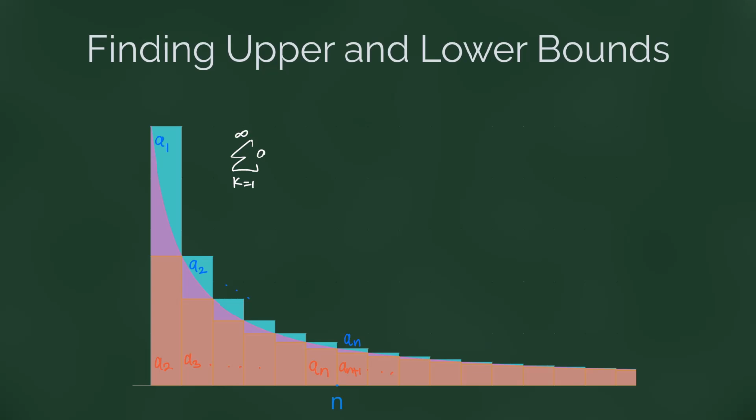We're going to split it into two parts. We're going to look at the sum from k equals 1 to n of a sub k, which we know as the nth partial sum, s sub n. And then the sum from k equals n plus 1 to infinity of a sub k, which we're going to call r sub n, the remainder.